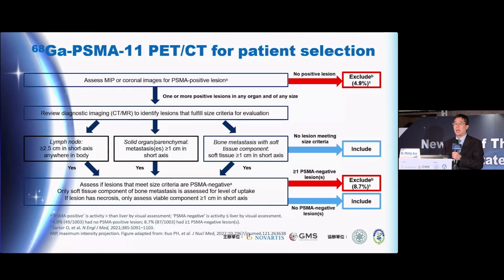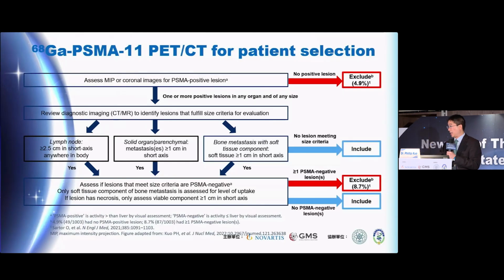So the first thing you do is you look at your PSMA PET scan, and you either use coronal images or a MIP. What you want to do is check to make sure there is at least one PSMA positive lesion somewhere in this patient. Now, PSMA positive, we defined here like it had never been defined before for the purposes of a late stage clinical trial.